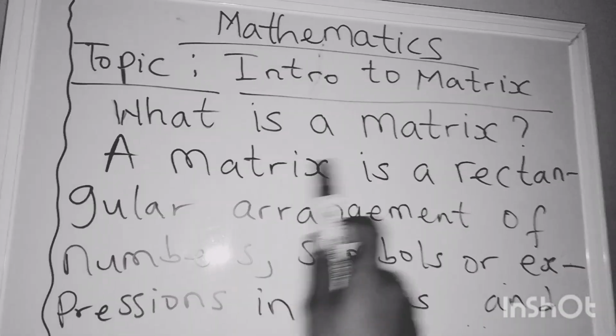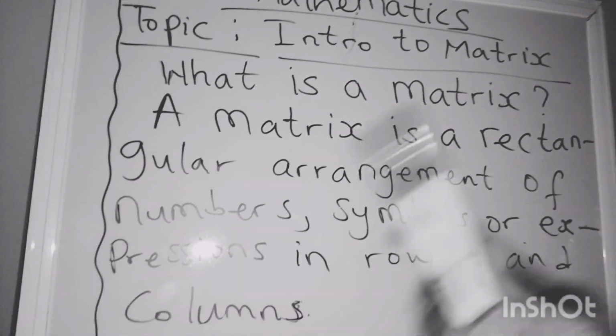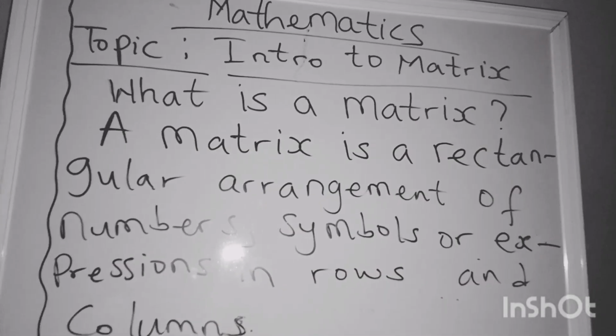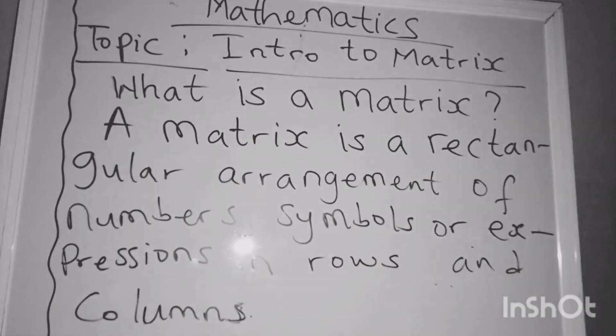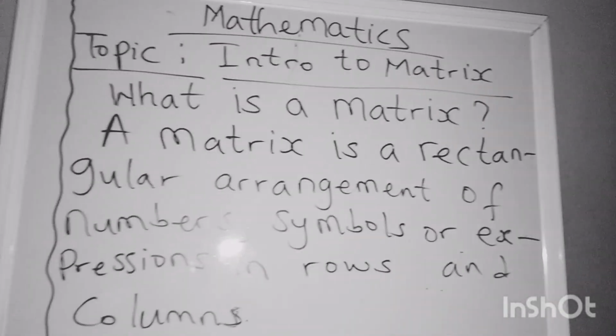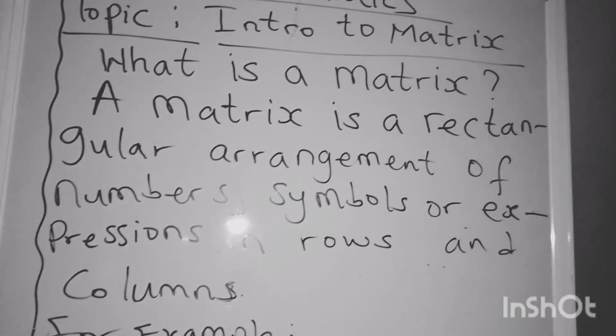A matrix is a rectangular arrangement of numbers, symbols, or expressions in rows and columns. We know what numbers are: 1, 2, 3, 4, 5, 6, -1, -3, those are numbers. Symbols could be plus, minus, times, addition, like that.